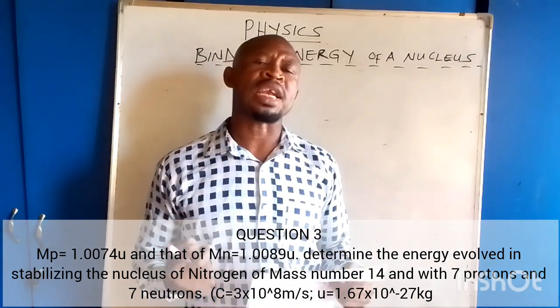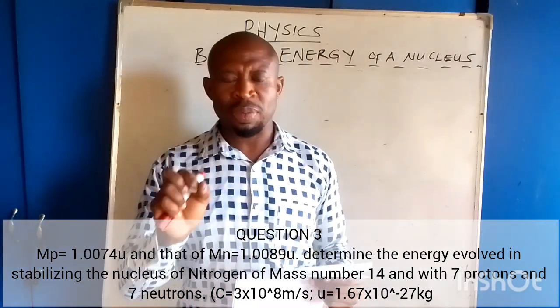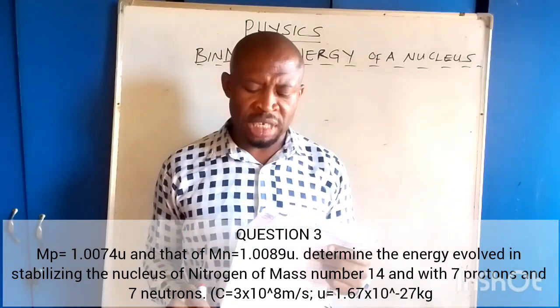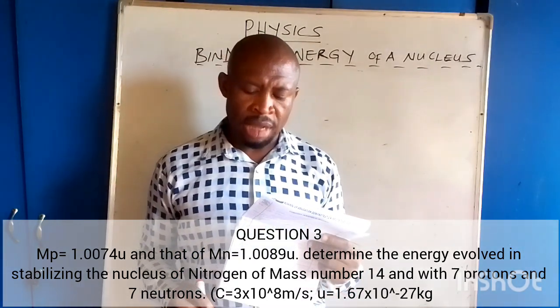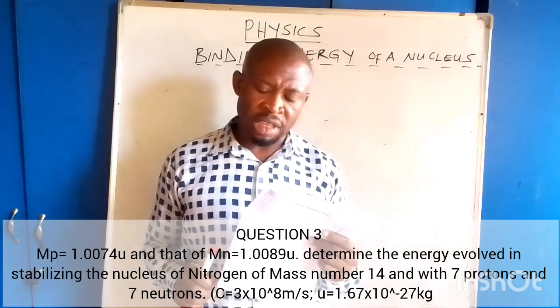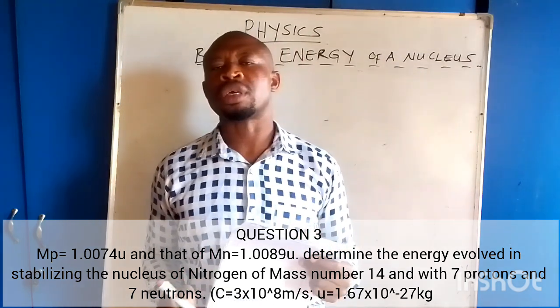Now we're given that the speed of light is 3 times 10 raised to the power 8 meters per second, and 1 atomic mass unit is 1.67 times 10 raised to the power minus 27 kg.